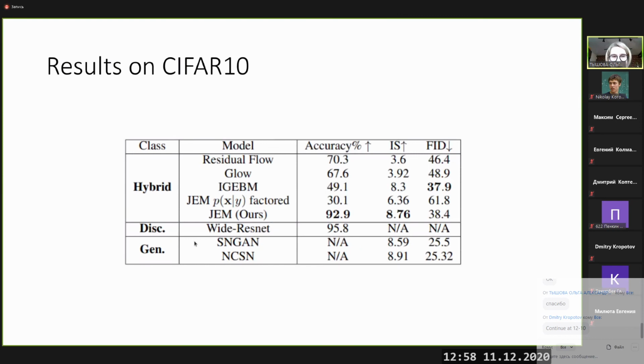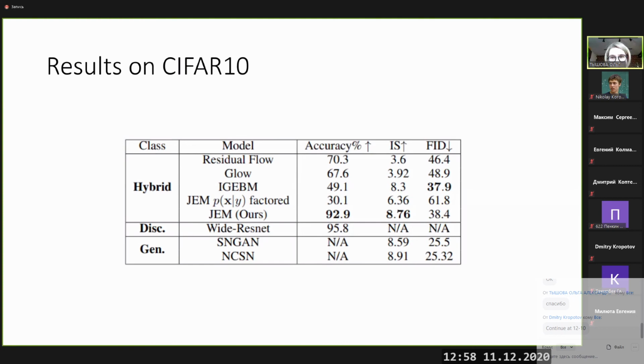The authors trained the model successfully, and the results have been presented on the dataset named CIFAR10. Here we can see that the JEM that I talked about earlier is able to achieve accuracy that is on par with the accuracy of the discriminative model, WideResNet, which was used as a base classifier.